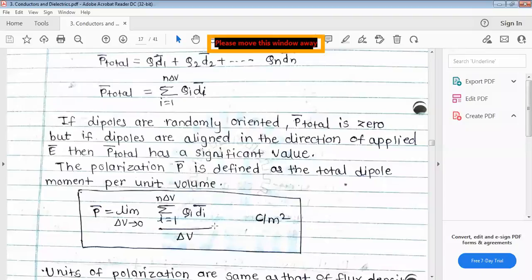Distance is measured in meter. Volume is measured in meter cube. Meter divided by meter cube gives meter square. And the unit of charge is coulomb. So it is only coulomb per meter square.